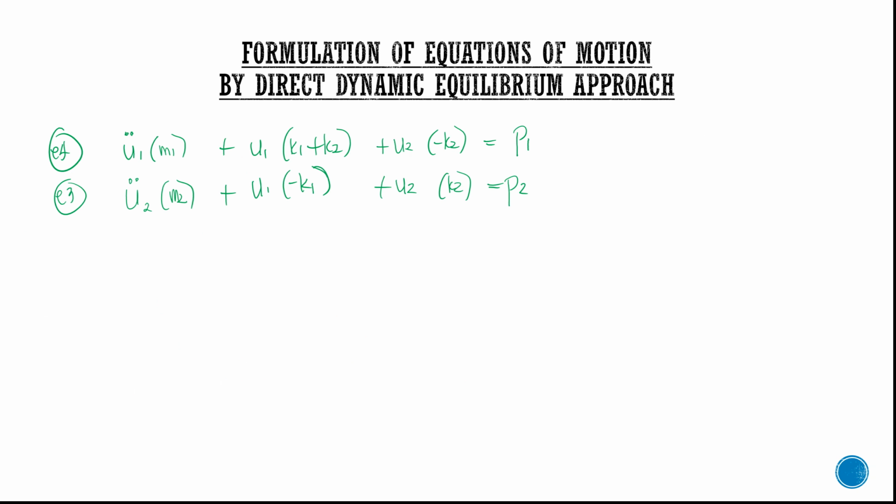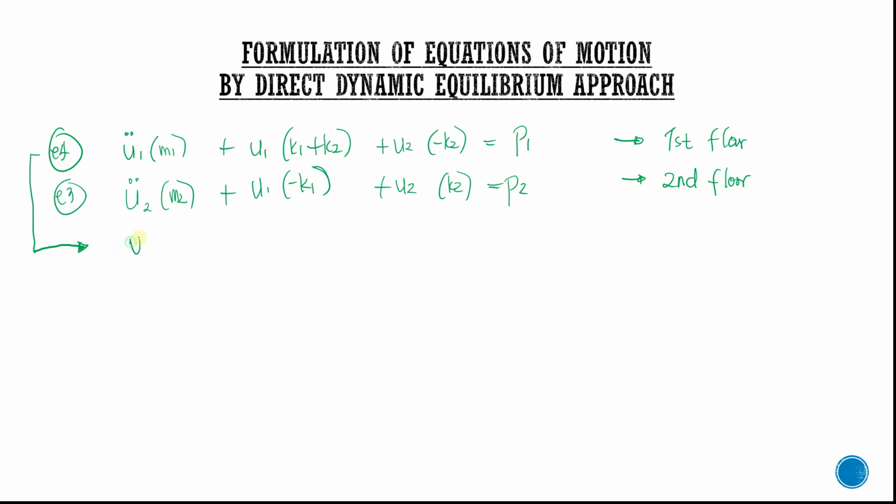Again, let me rewrite that once again. Over this one, I just wrote first the equation 4 and then followed by the equation 3. So this is the equation we derived from the first floor, and this one is from the second floor. Now, I would like to write this equation in such a way that in both equation 3 and 4, there is the presence of both the response acceleration for the first floor and the second floor, as well as the masses for the first floor and the second floor per equation.